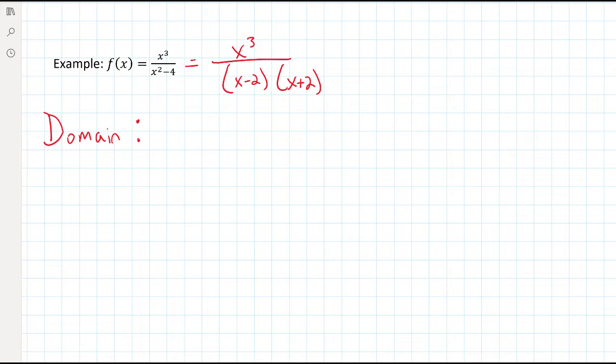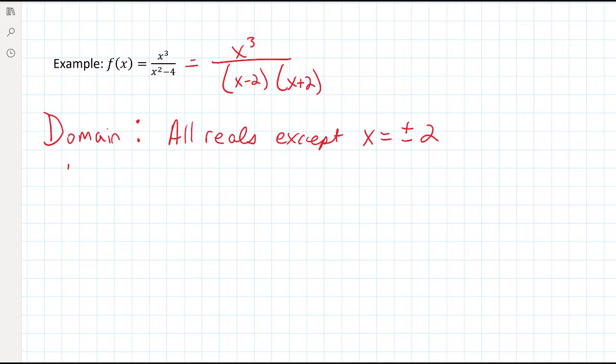So we take both of our factors, set them equal to 0, and we say that our domain will be all reals except when x is equal to both positive and negative 2.